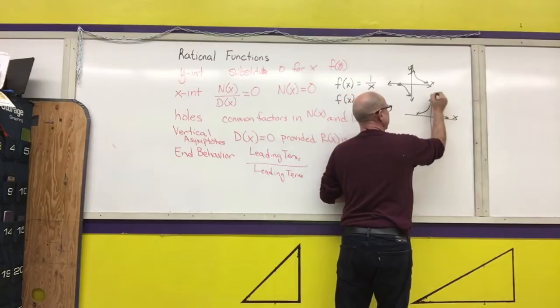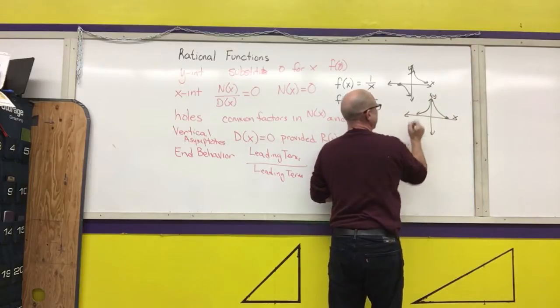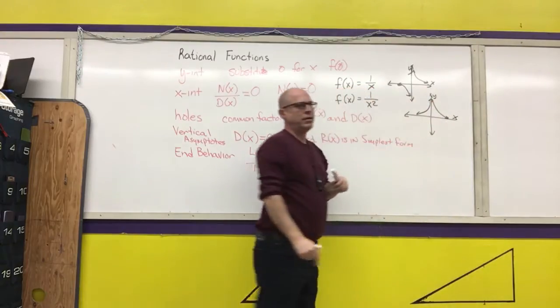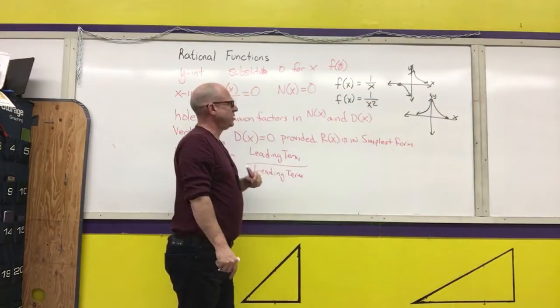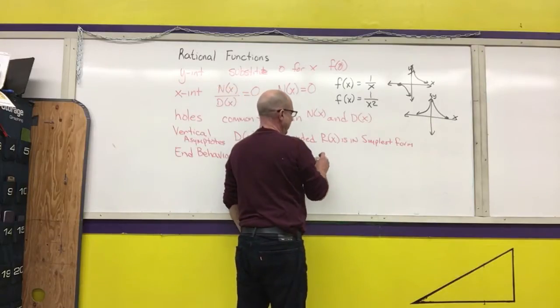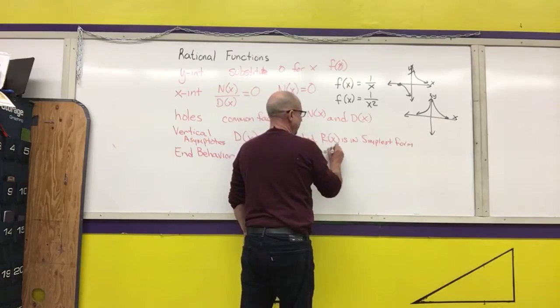This is x, this is y. Notice for both of these, as x gets very, very big and very, very small, I have a horizontal asymptote at 0.